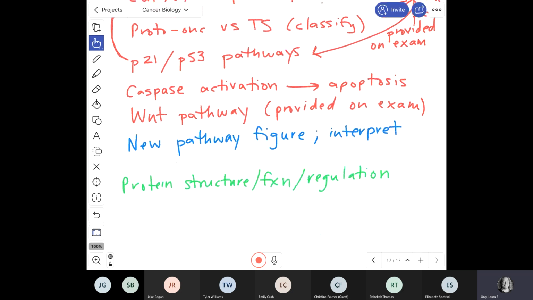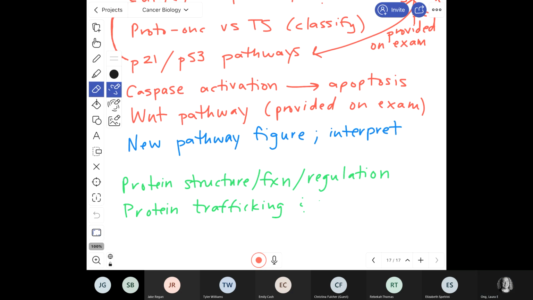It includes a little bit about protein trafficking, like how do proteins get to their destination.